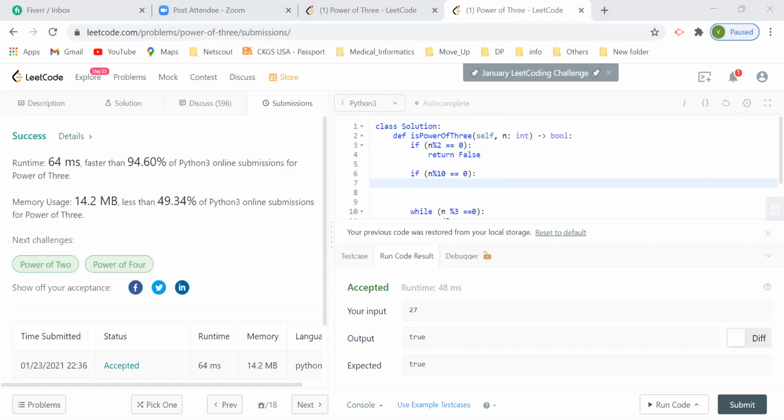Can you give me an exact number that without the if statement will return true, and with the if statement will return false? 243, right?